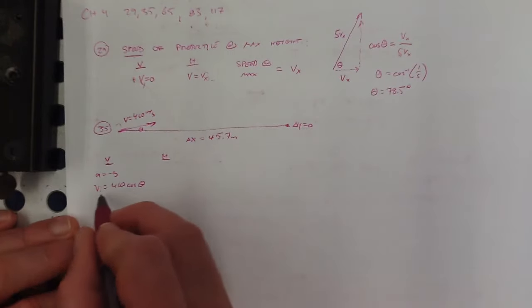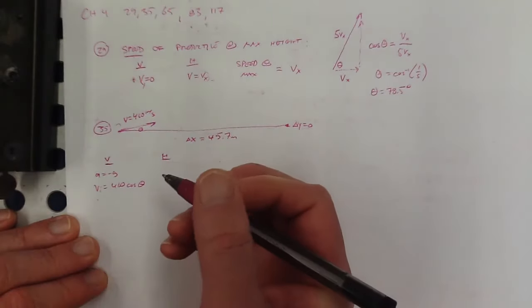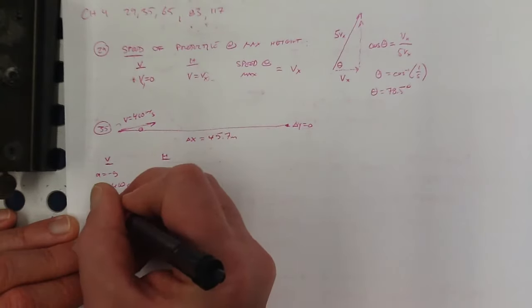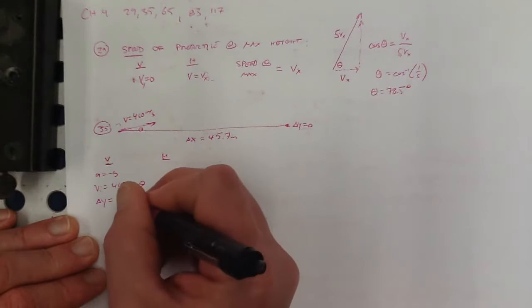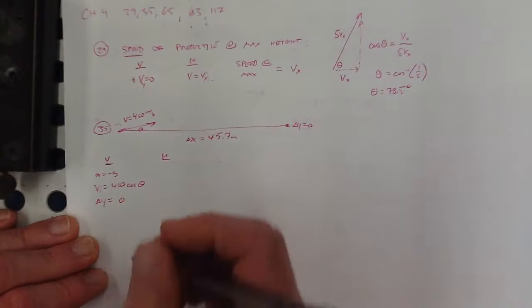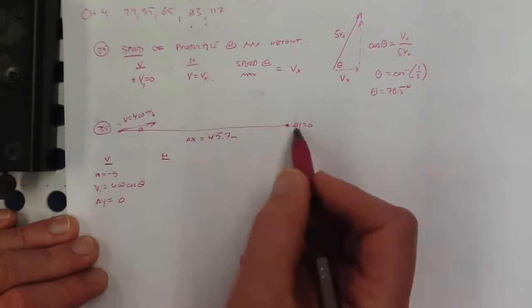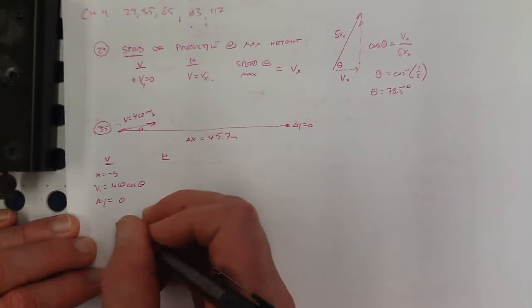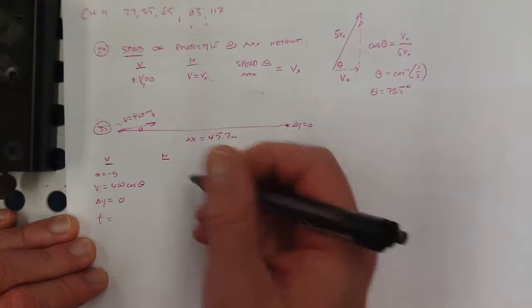I also know the delta y. I would like it to hit the same height. That's 0. And I don't know anything about the final velocity. I guess it would be the opposite of this because of the symmetry there. And time is going to link these two together.